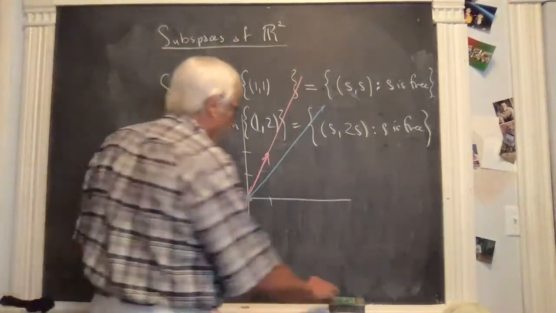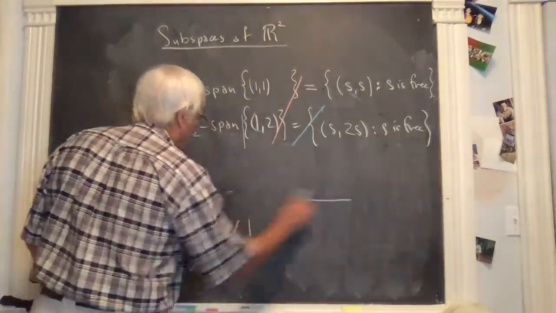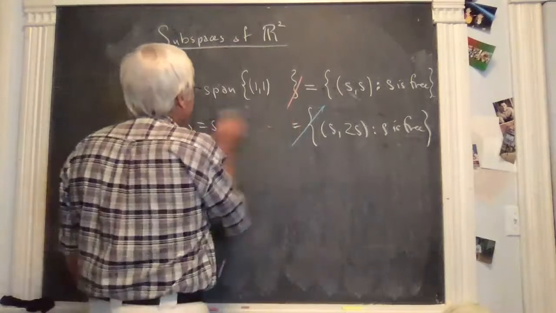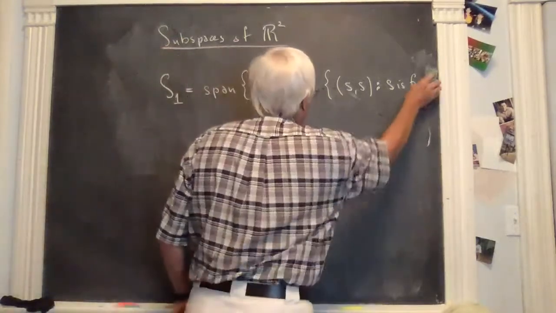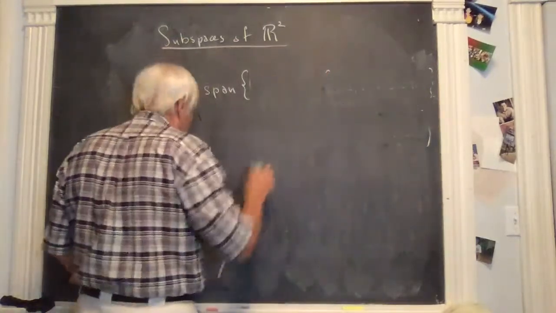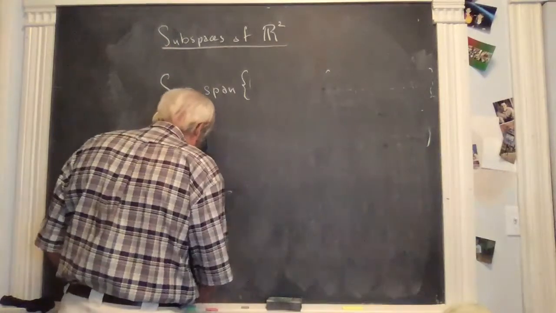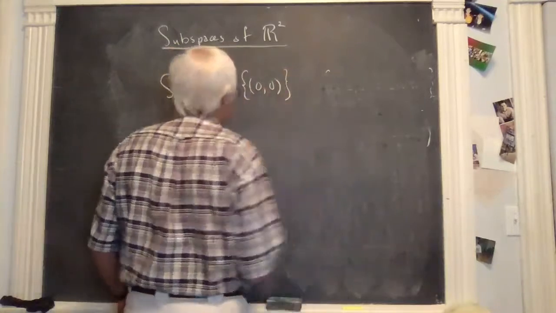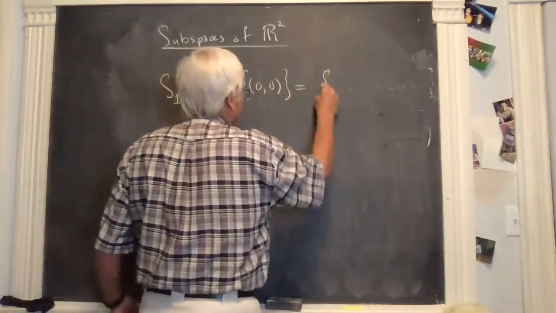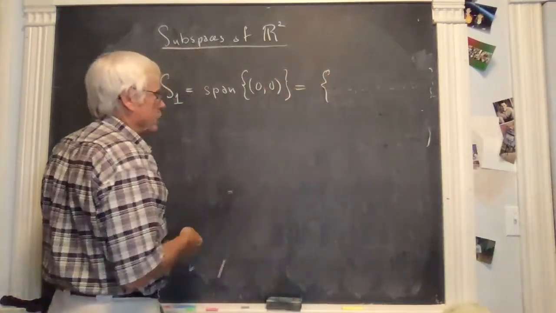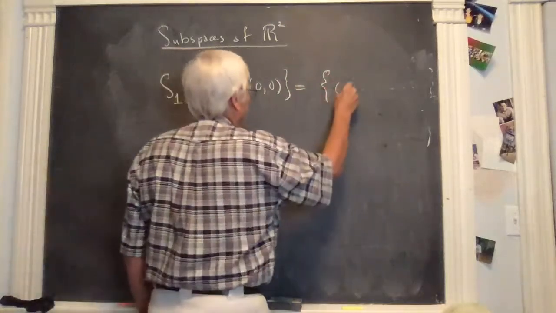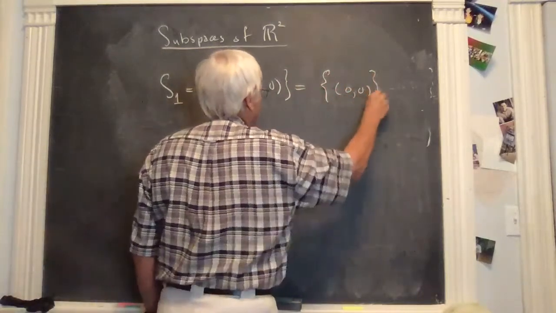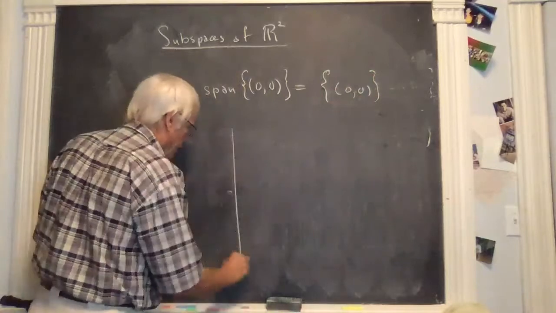You mean if you start just like Snow did here, but you don't use (1, 1), you use the 0 vector. Yep. The span of the 0 vector doesn't get you anything. You add it to itself, you take multiples, you only get 0. So the only thing that you get with the span is just 0.